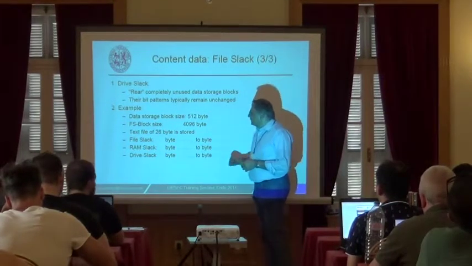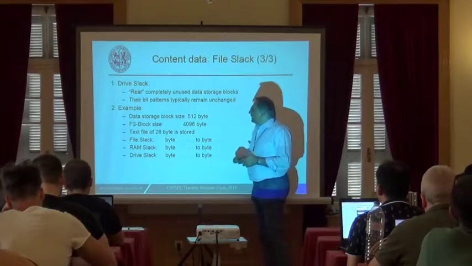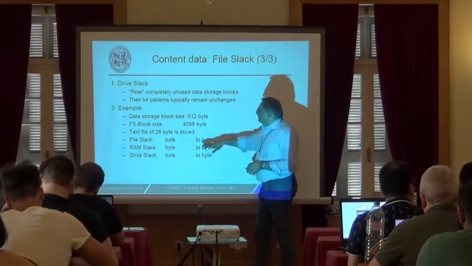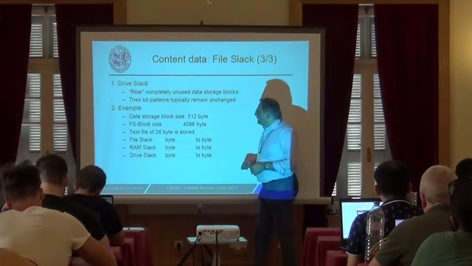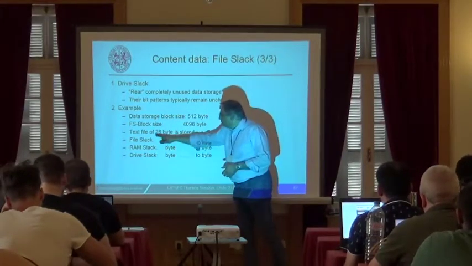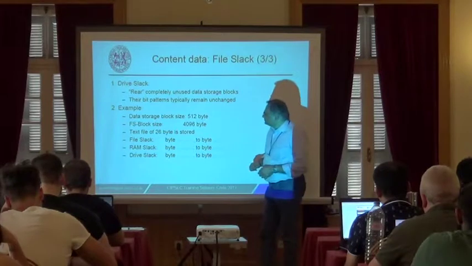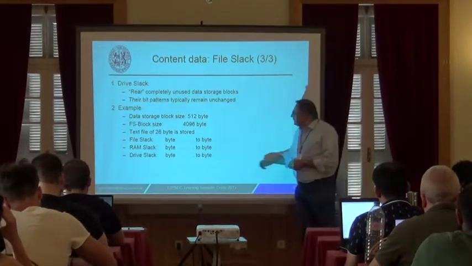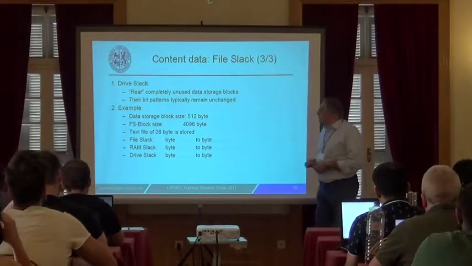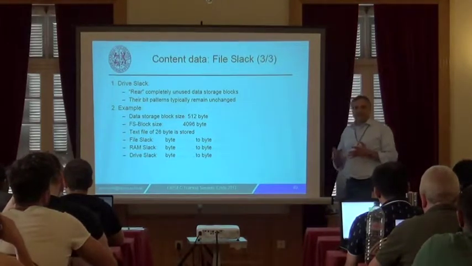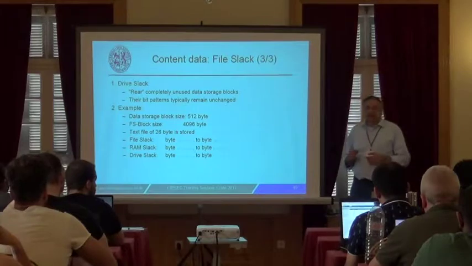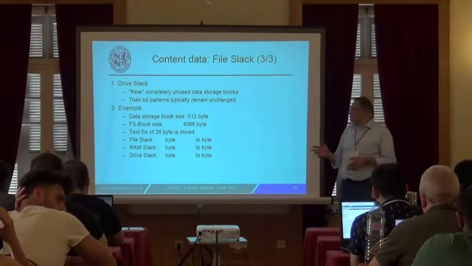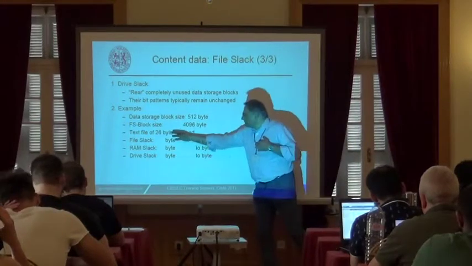unused space. Let's say that we have a data storage block size of 512 bytes and a file system block size of 4K, and we have a 26-byte file. When we write that file onto the disk, the file itself, the user data, will be from location 0 to 25, because it's 26 bytes long.